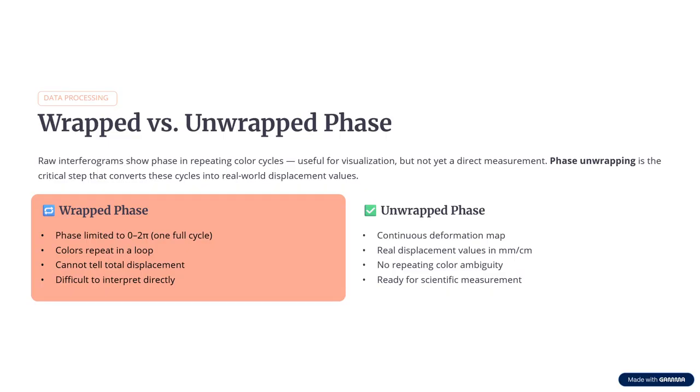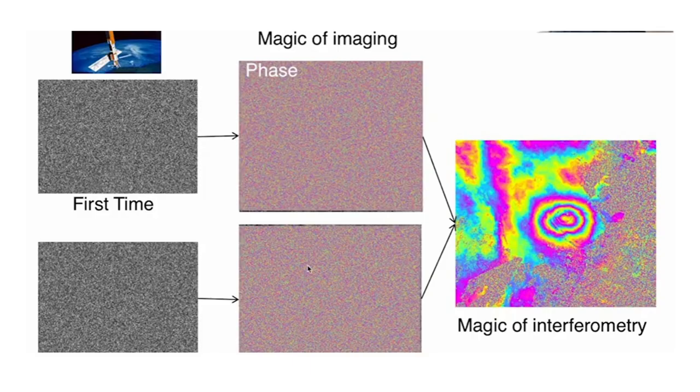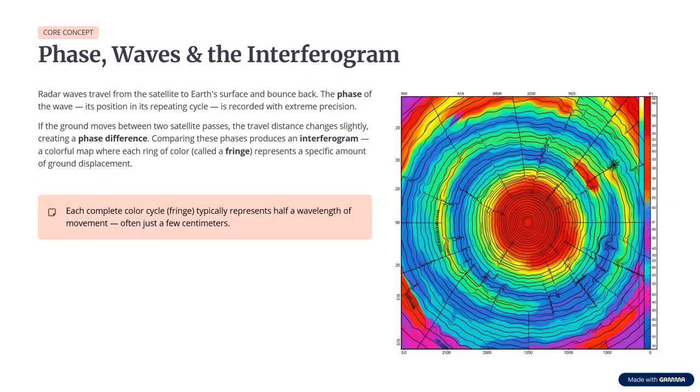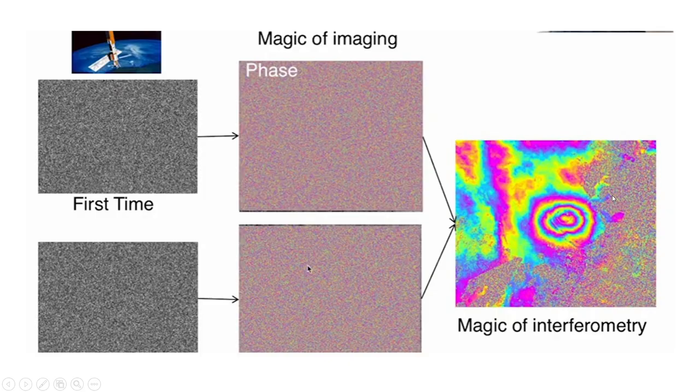Now, talking about the wrapped and the unwrapped phase. As you can see, the interferogram initially shows repeating color patterns. Now, this is basically a wrapped phase.